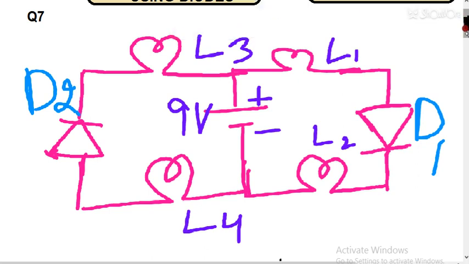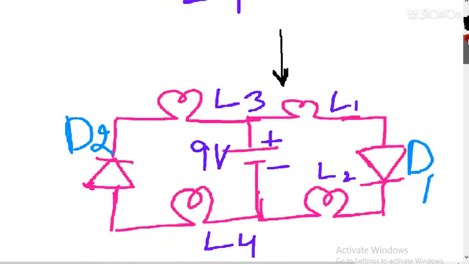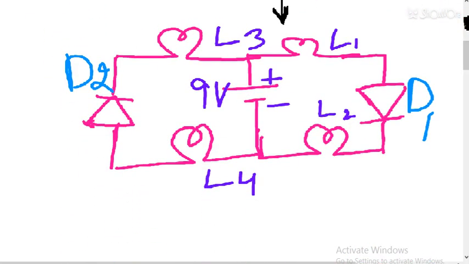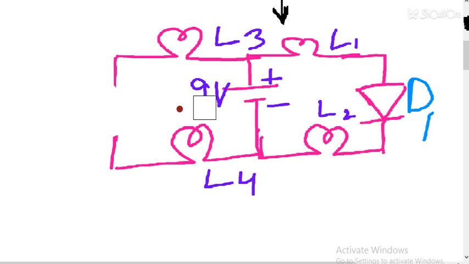Now its modified diagram will be this one. I have to take the eraser and delete the diodes. Diode D2 was reverse biased, positive voltage at the negative terminal, and diode D1 is forward biased.